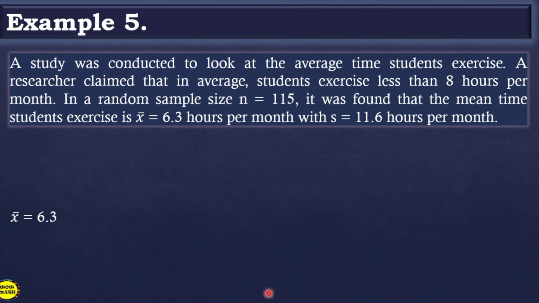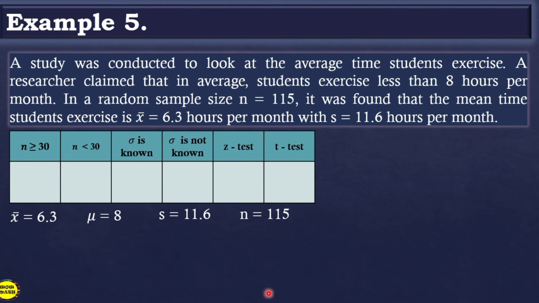The sample mean is 6.3, the population mean is 8, the sample standard deviation is 11.6, and the sample size is 115. Ibig sabihin, yung n natin dito is greater than or equal to 30, but the population standard deviation is not known. Unknown yung population standard deviation, kasi yung binigay dito is the sample standard deviation.